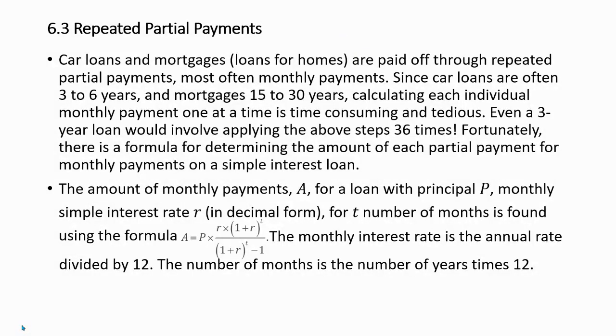Typically, these payments are per month. There are cases where you'll see something different, but typically, most of us are only going to deal with monthly payments. Okay. So loans for cars, generally speaking, again, very broad, generally speaking, 3 to 6 years. Mortgages, 15 to 30.